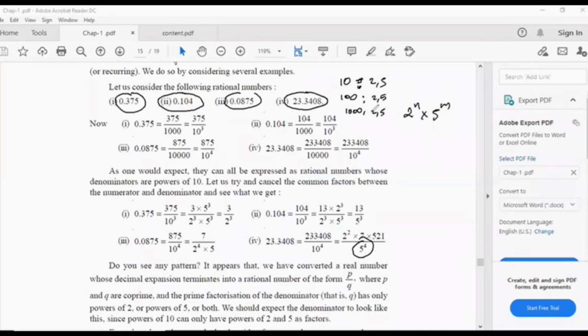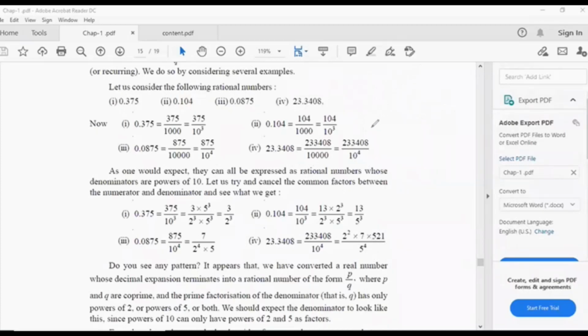So for any power of 10, whether 100 or 1000 or 10,000 or 1 lakh or 10 lakh, the prime factors of powers of 10 are only 2 and 5. So that is why only 2 and 5 come in the denominator in the simplest form of the given rational number. Okay, so there are some reverse questions. When we discuss the reverse question, I hope it will be more clear.